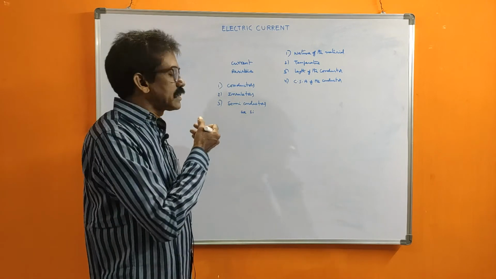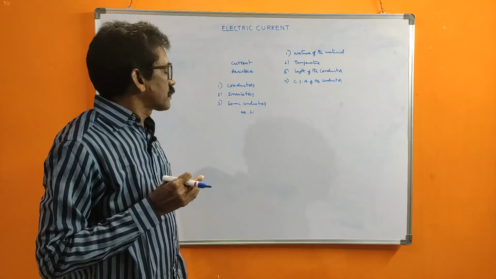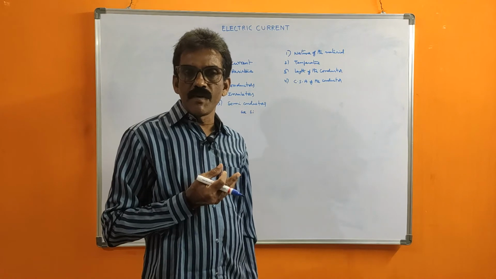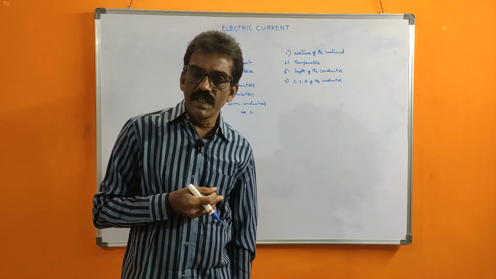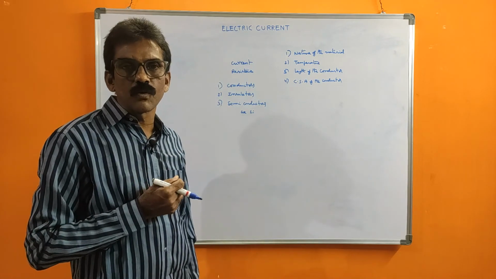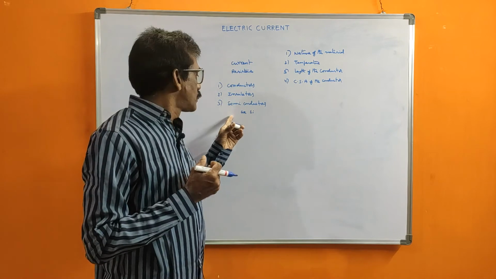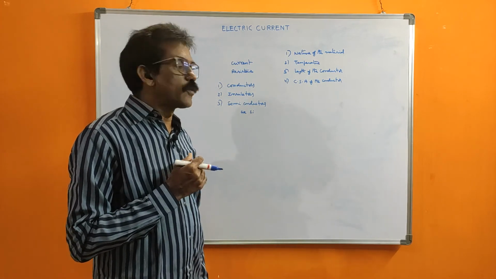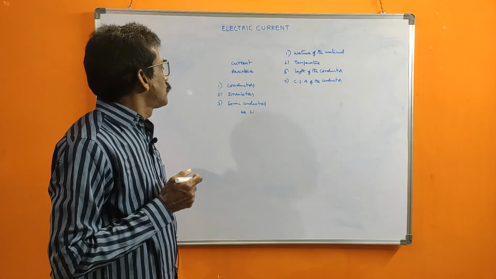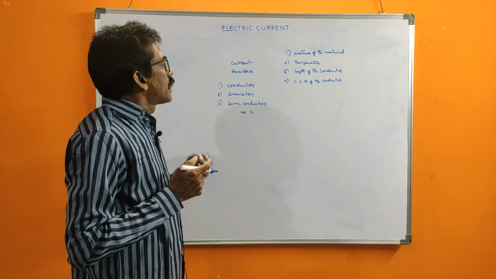That's why they are insulators. In terms of resistance, semiconductors are the materials which have partial resistance. They show some resistance, intermediate to these values. That's why current also flows intermediately. So those are the materials categorized by current and resistance.